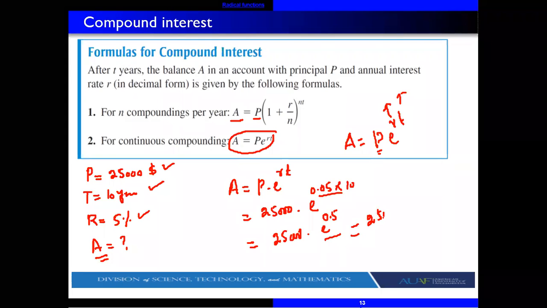We have 25,000 multiplied with 1.64. So result is 41,218 point something. So after 10 years, your invested amount reached 41,218 point something. That's called continuous compound interest.